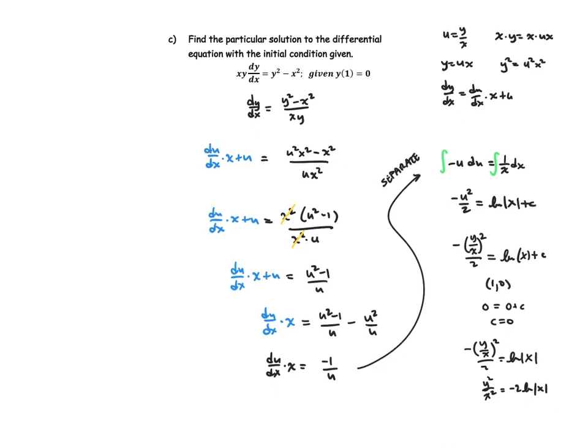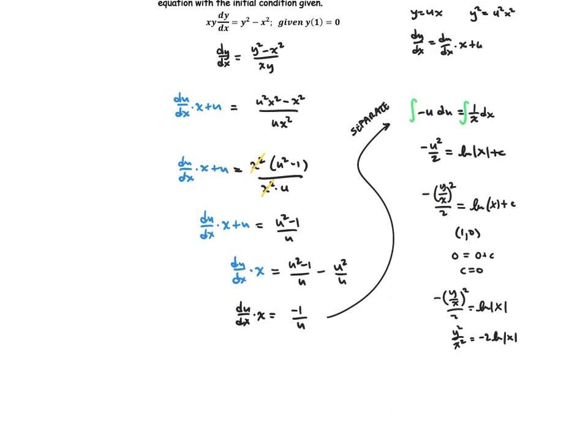Let's see if I can move some things around. And again, I'm going to keep y squared alone on one side. Therefore, multiplying by x squared on both sides would give me the following. And there you go. There's our particular solution to that differential equation.